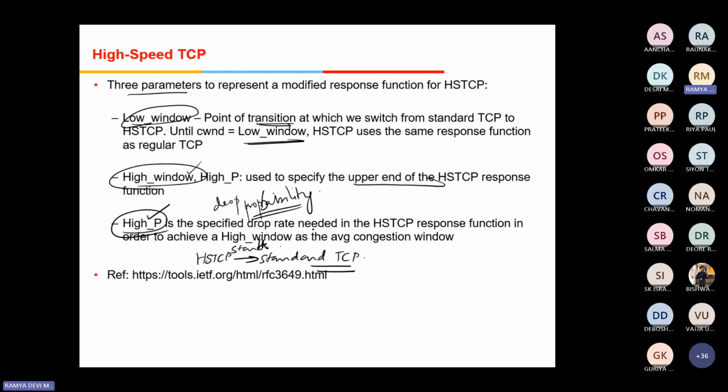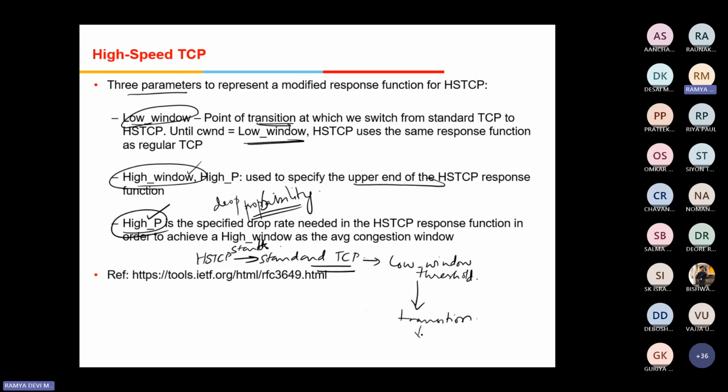Once the link is confirmed, it will be checking the low window size. So the low window threshold value will be checked. Then the transition will be there.